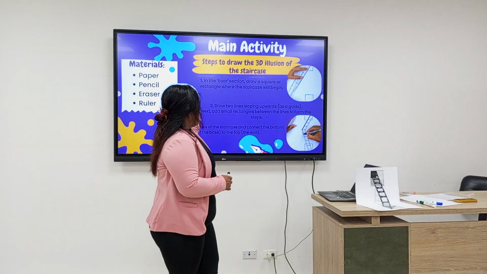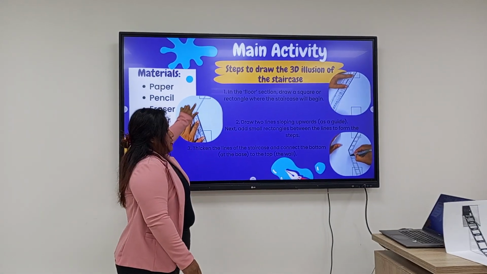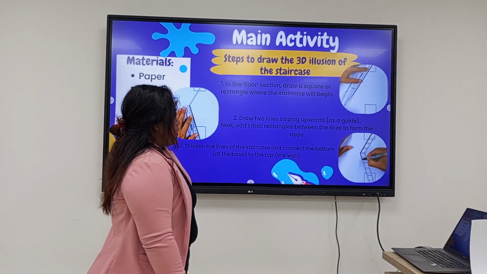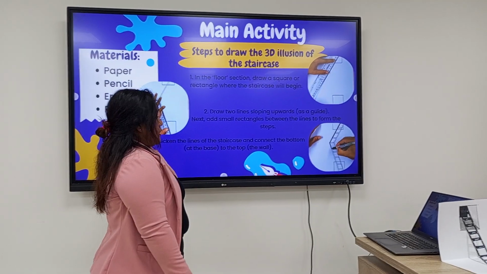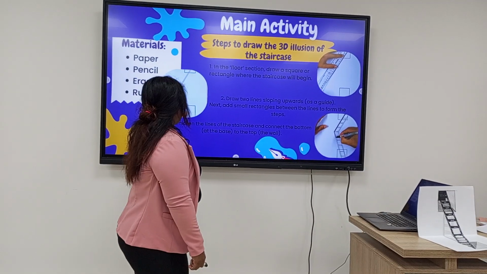Okay? Yeah. Point number two. Draw two lines sloping upward next to each other and a small rectangle between the lines to form the stem.